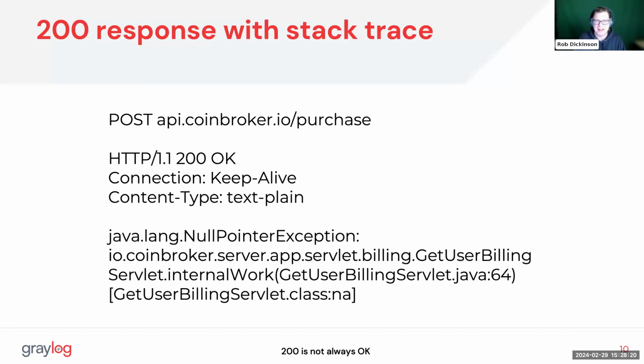Is not always okay. So one of the examples, and this is something that we see all the time, are 200 responses where the actual backend processing has failed. And this could be in the API that you're talking about, or in an upstream API that it's dependent on, right?